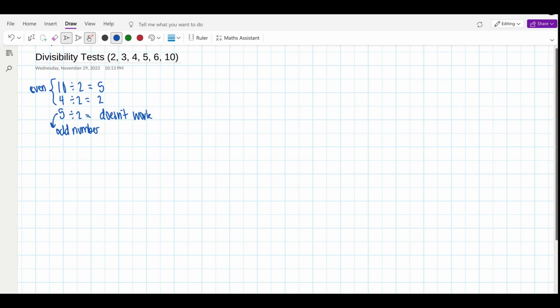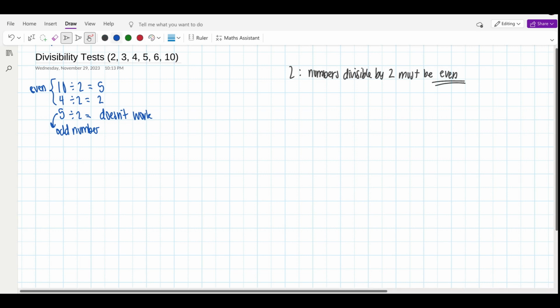So let's write that down. I'll do it over on the right-hand side here. So for any number to be divisible by 2, the number must be even. Numbers divisible by 2 must be even.